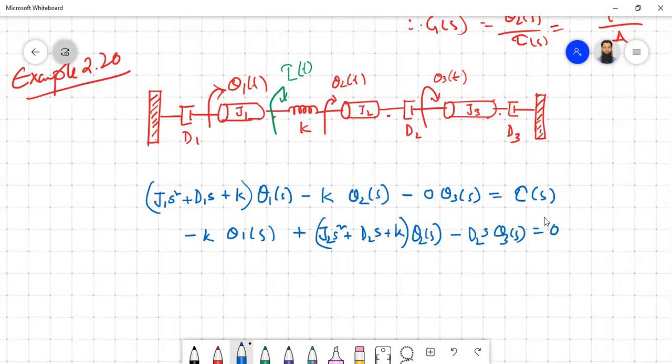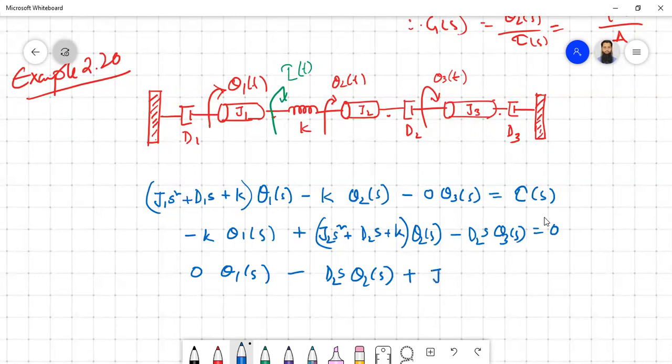Next, for the third one, there is no linking between 1 and 2, so you can get minus 0, something like this. Then what is common between 2 and 3 is d2 s, minus d2 s theta 2(s), then all the impedances of the third one.